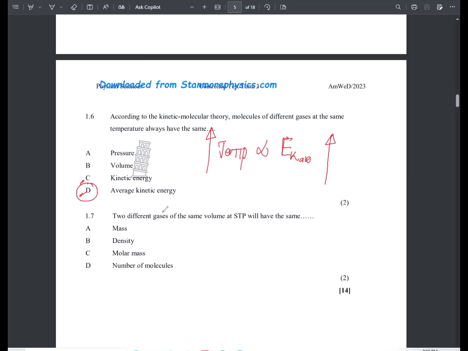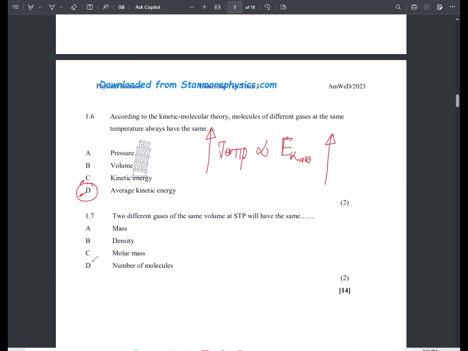Now, 1.7 says, two different gases of the same volume at STP will have the same, what is it, mass, density, molar mass, or the number of molecules. Now, if we have to define Avogadro's law, it says that two different gases of the same volume at STP will usually have the same number of molecules, right?